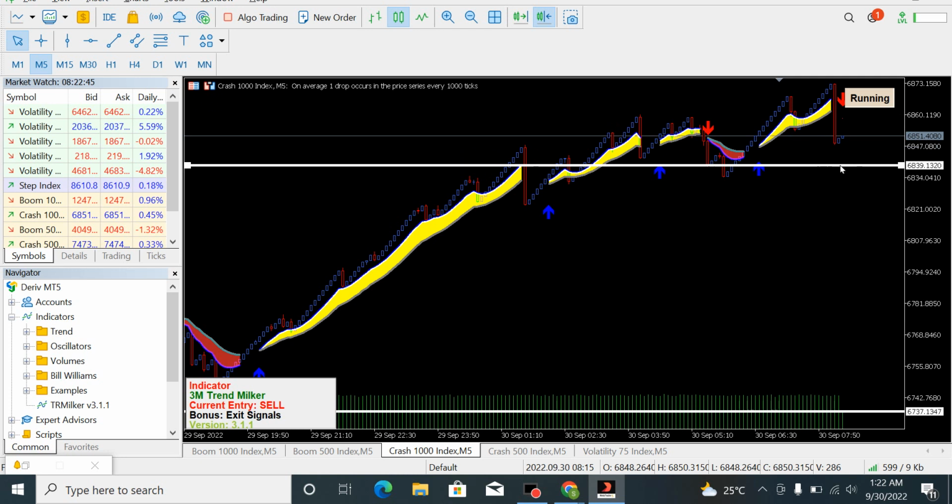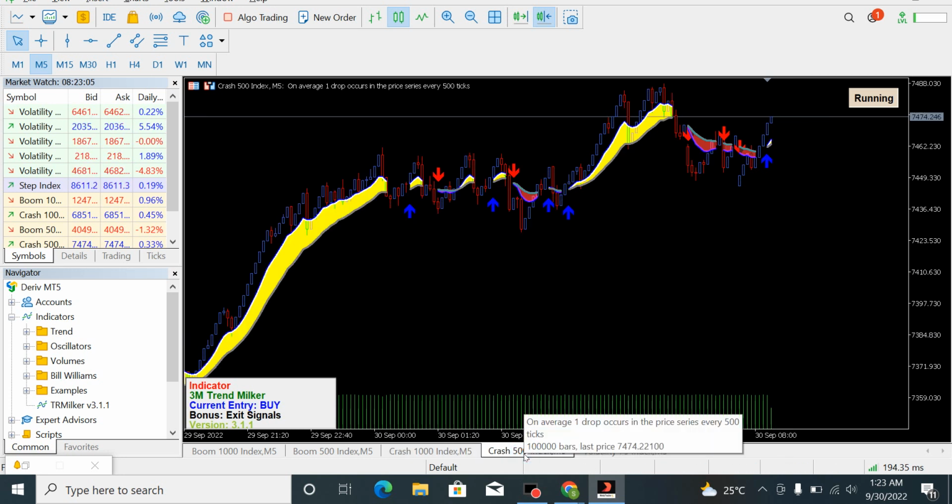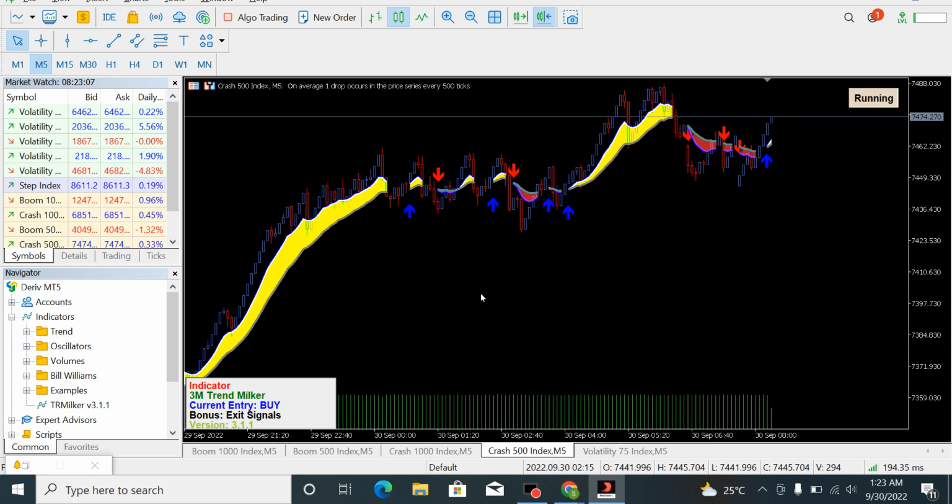So definitely we will be experiencing some spiky or crashing candles around here. This is not the best time for us to trade Crash 1000. We can stay away from there, except if you want to trade the spiky part of it. This is the best time to enter for spikes around Crash 1000. Then make sure you use a reasonable lot size for it.